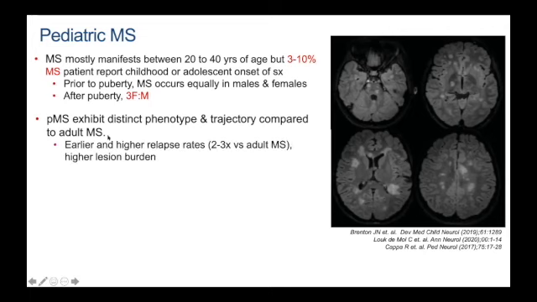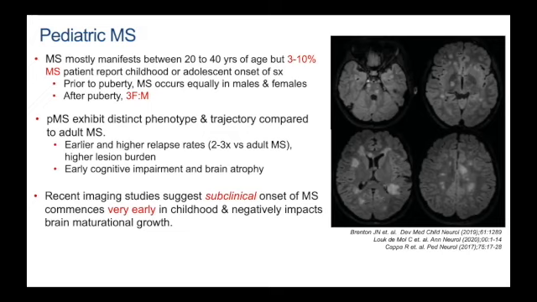So they have earlier and higher relapse rates, almost 3 times that of adults. They have a higher lesion burden. They have early cognitive impairment, as well as brain atrophy. And as I mentioned before, recent imaging study suggests a subclinical onset of MS that commences very early in childhood and negatively impacts brain maturational growth.